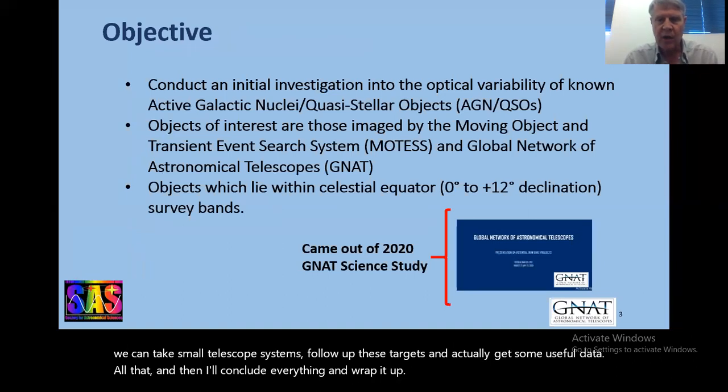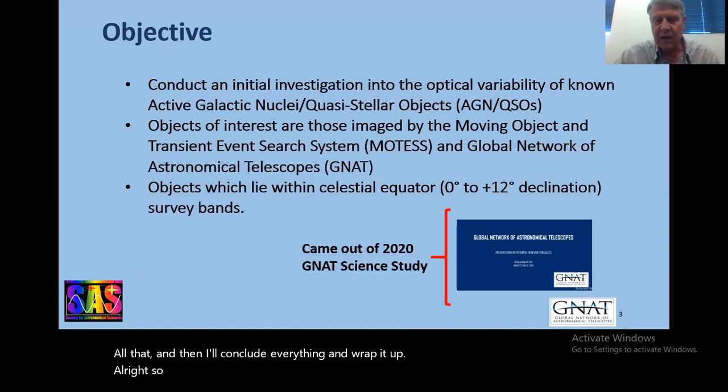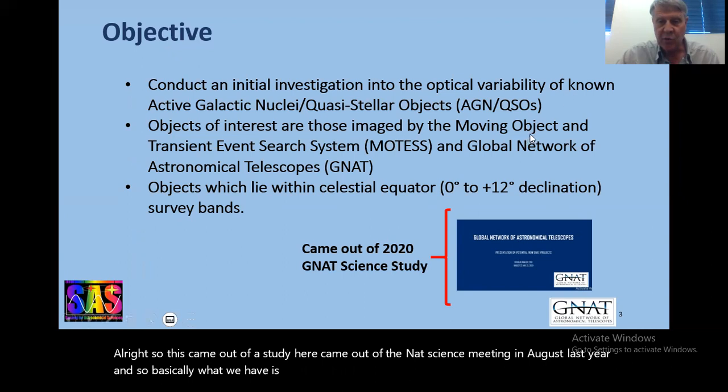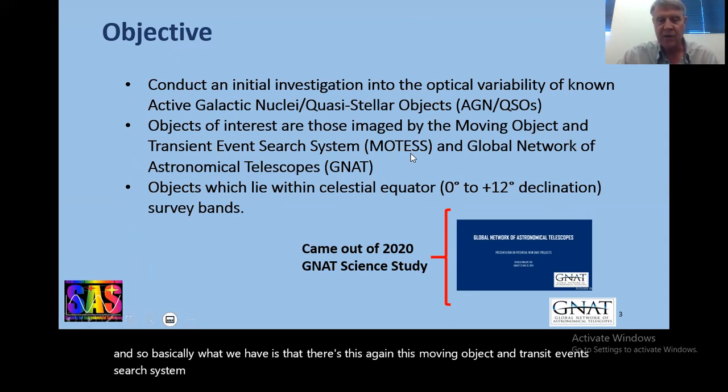All right, so our study here came out of a NAT science meeting in August of last year. The MOTES system, the Moving Object and Transit Event Search system, as I described, was developed for asteroid detection and discovery. It is a set of three 14-inch Newtonian telescopes.